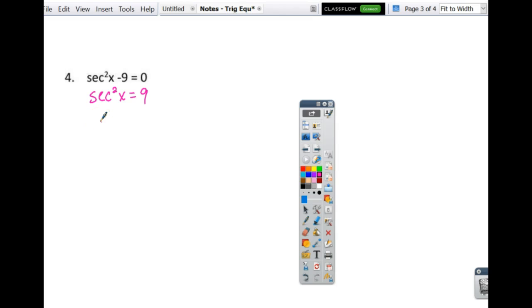Okay. So if this is 1 over the cosine, what am I going to do with the 9? So now, can I take the square root? Because I already flipped my answer.